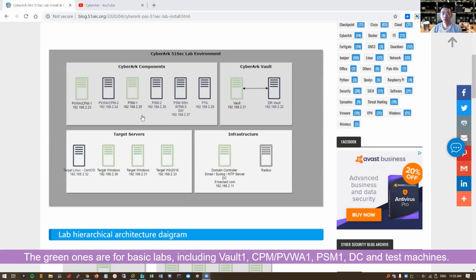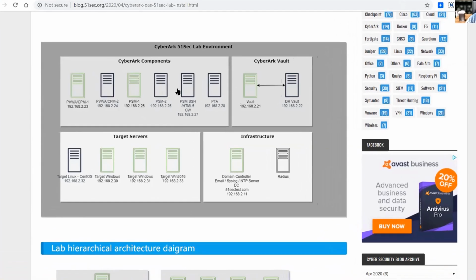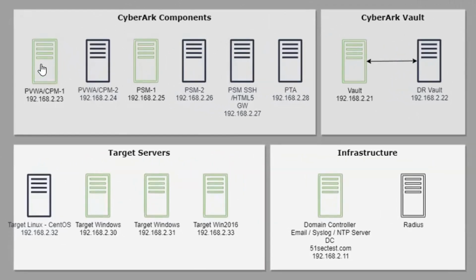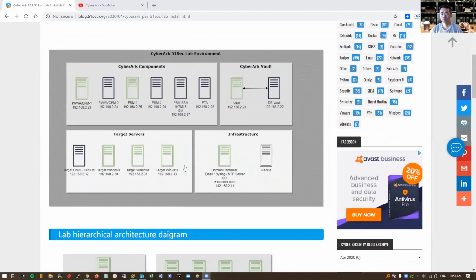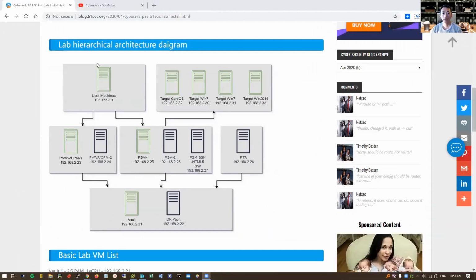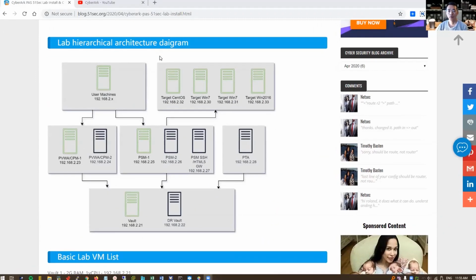In the basic lab, we're gonna have one Vault, one PVWA CPM server, one PSM server. Of course, you need to have a domain controller and then a couple of target Windows and Linux machines for testing.